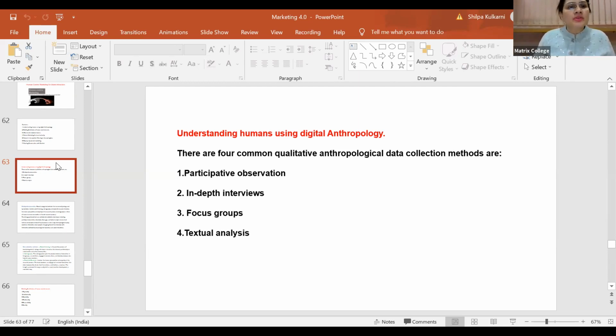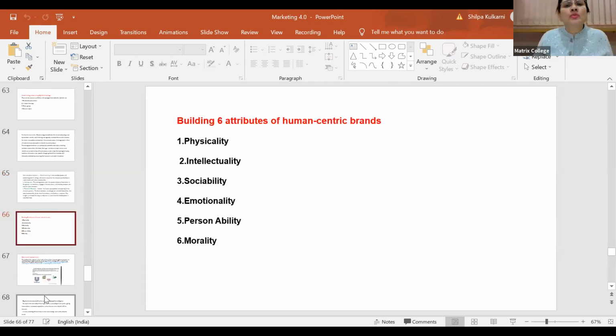Then we studied different attributes also, right? Building six attributes of human-centric brands, and which were they? Physicality, intellectuality, sociability, emotionality, personality, and morality, right? What do you mean by physicality? I gave you the example: if you have a very good, beautiful model, you feel like watching the ad.